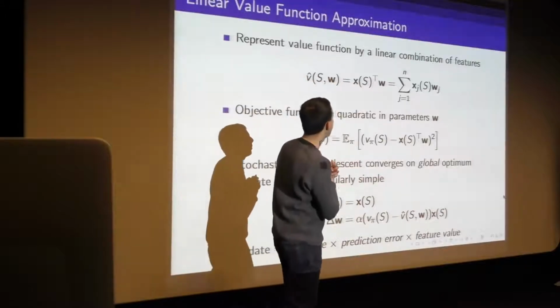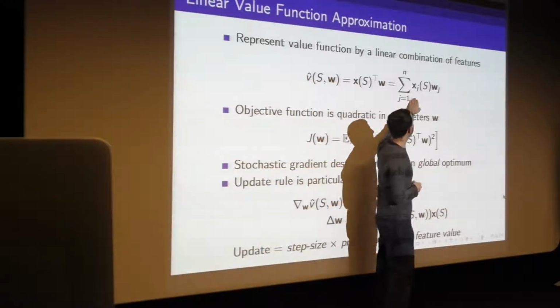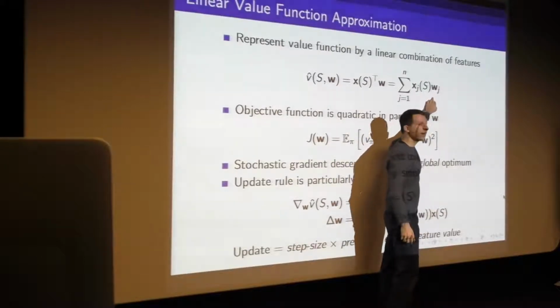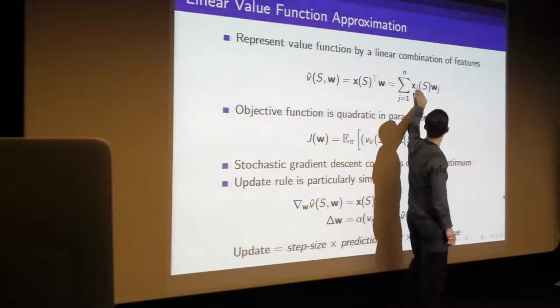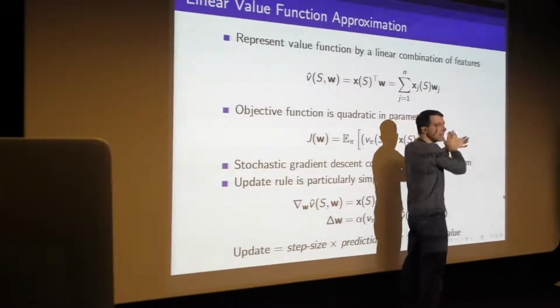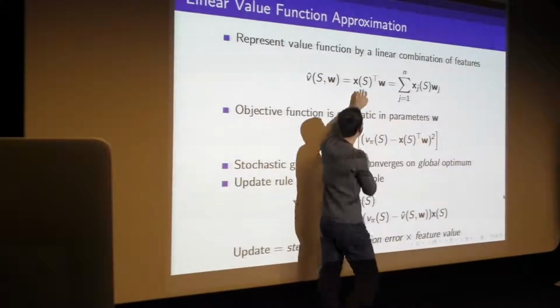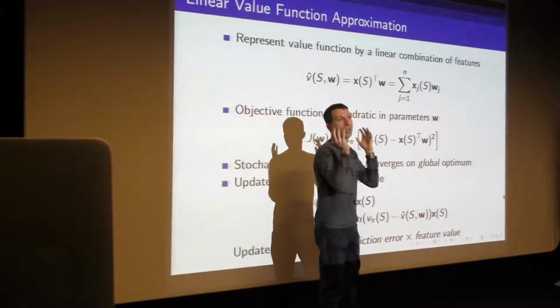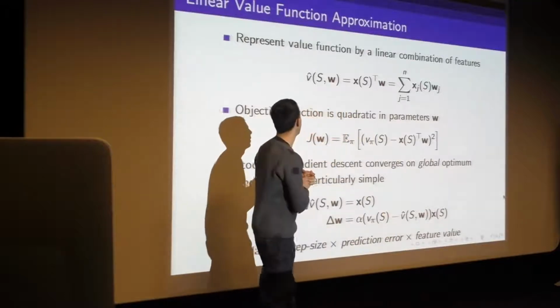function. So basically what this looks like is we say for each of our features, we're going to take a particular weight. This is the jth element of our feature vector, and we're going to take the jth element of our weight vector, and we're just going to sum these things together. Or equivalently, we take a dot product of our feature vector with our weight vector, and that estimates how much future reward we're going to get.